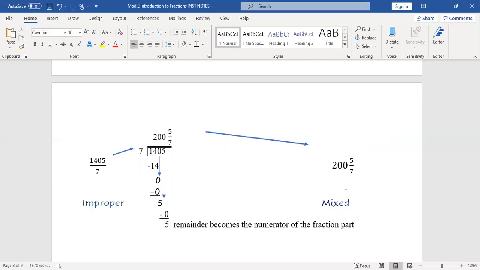So that 5 becomes the numerator, and the denominator is going to be 7, which was the denominator of the original fraction. So again, I have my improper fraction on the left and my mixed number on the right. This is a demonstration of how an improper fraction can be rewritten as a mixed number.